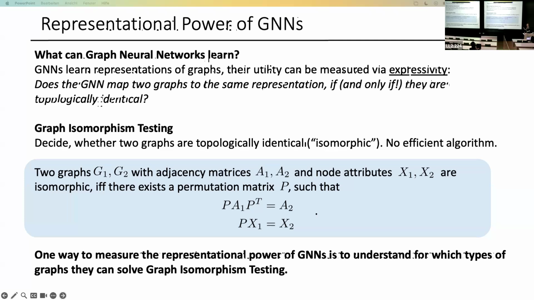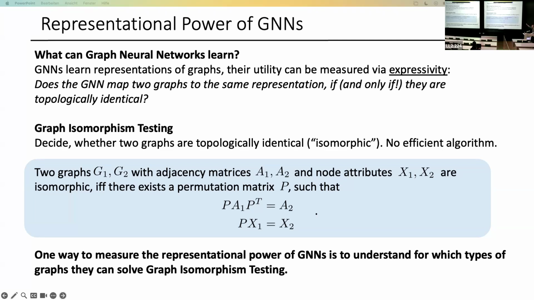They would be identical up to permutation. Graphs are fundamentally permutation invariant, right? So there's no natural order on the nodes. There's no natural way to say this is the first node and the second node and so forth. So graphs are permutation invariant. And whenever we have two graphs that are up to permutation exactly the same, then we should treat them as being the same, right? As being topologically identical.